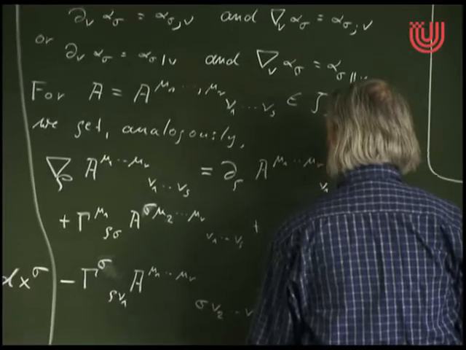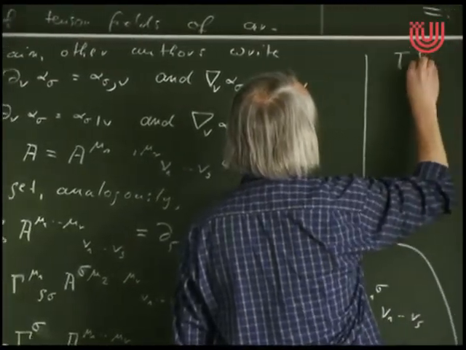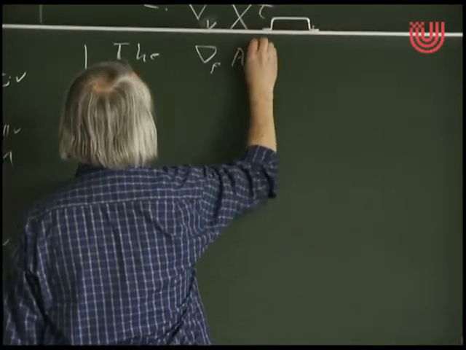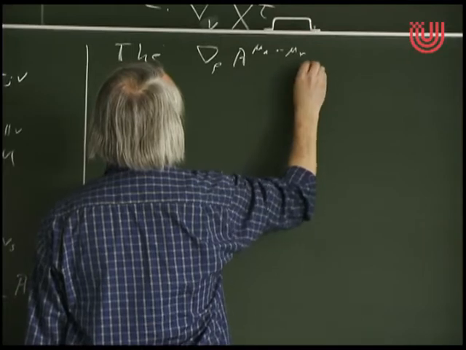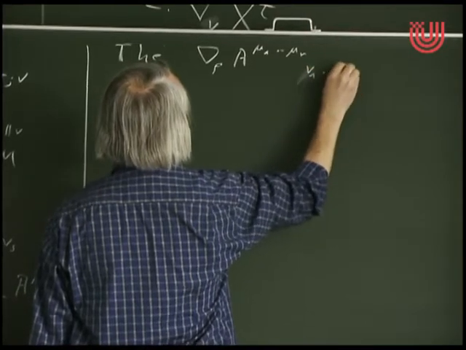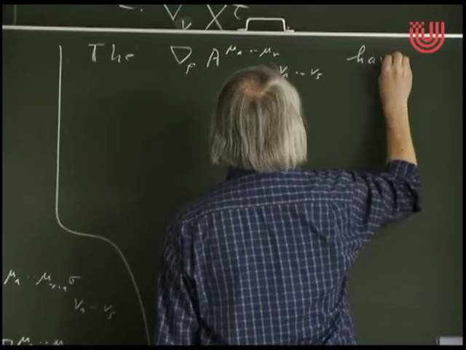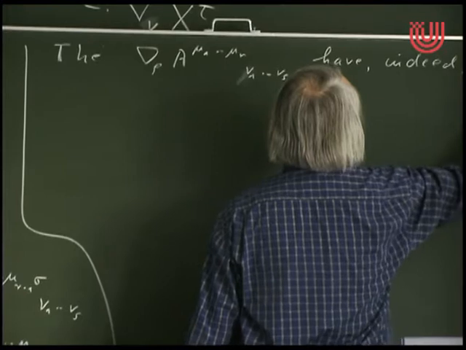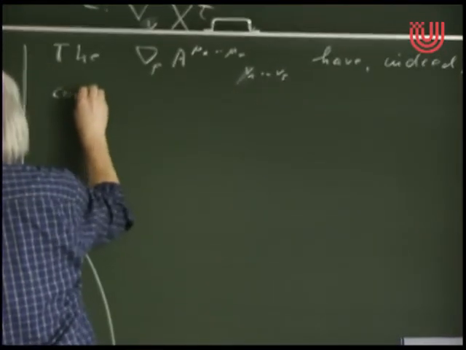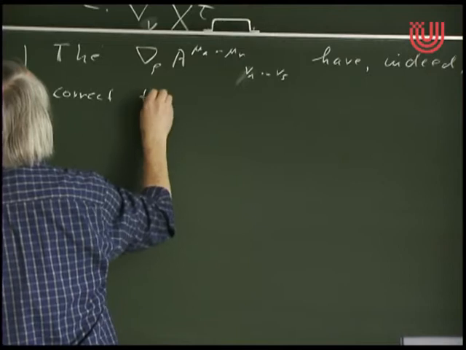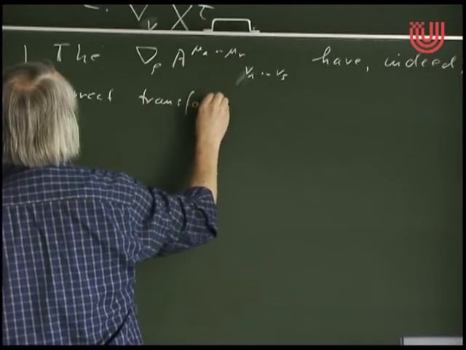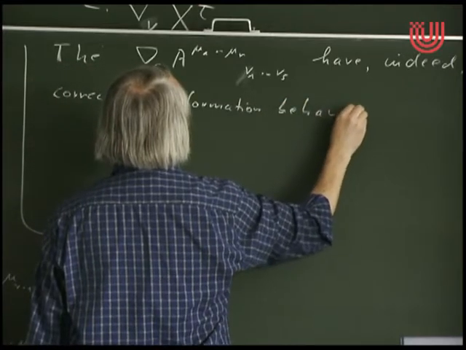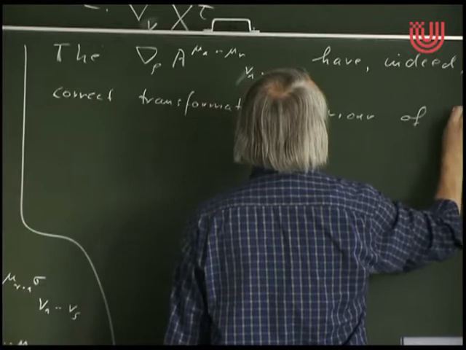So these things, this del rho a mu1 to mu r, mu1 to mu s, have indeed the correct transformation behavior of tensor fields.